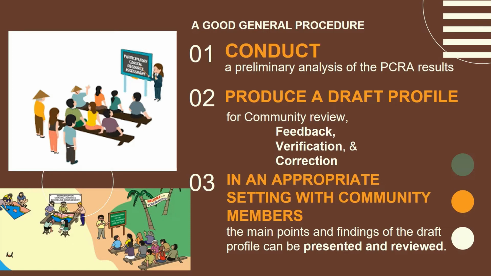Second, produce a draft profile, an initial document for community review, feedback, verification, and correction. Third, in an appropriate setting with community members, the main points and findings of the draft profile can be presented and reviewed.